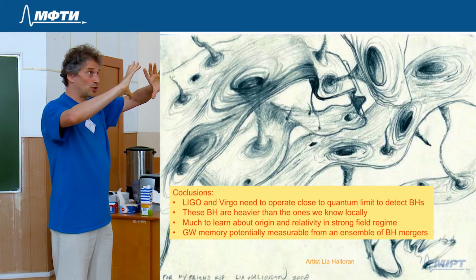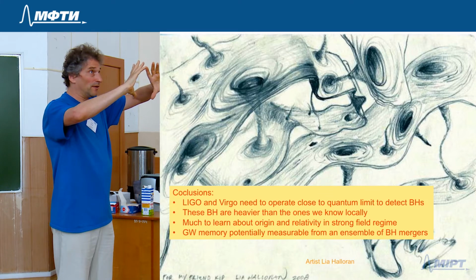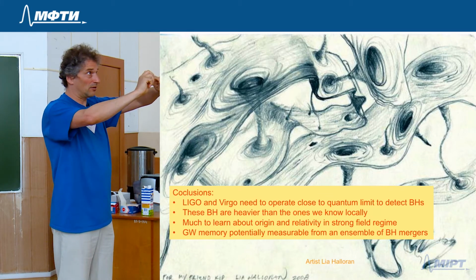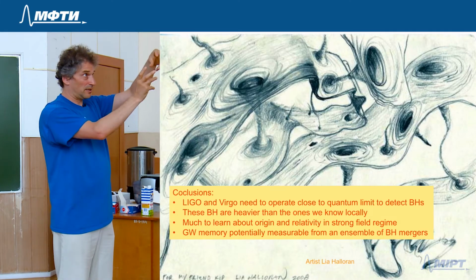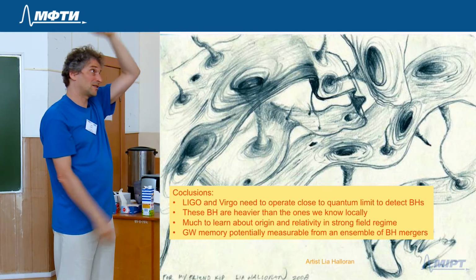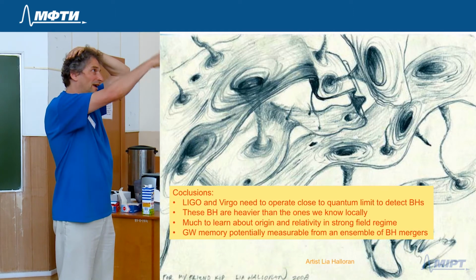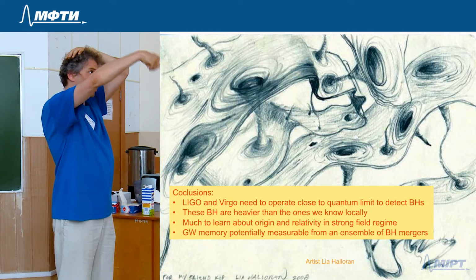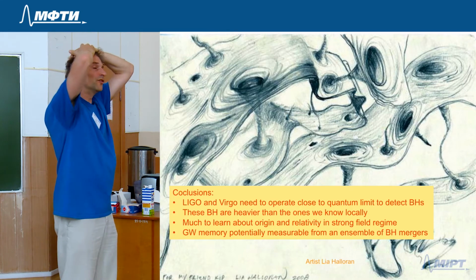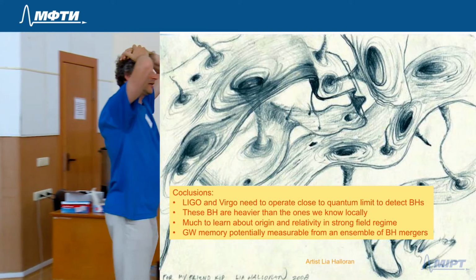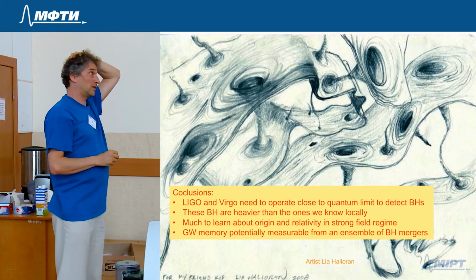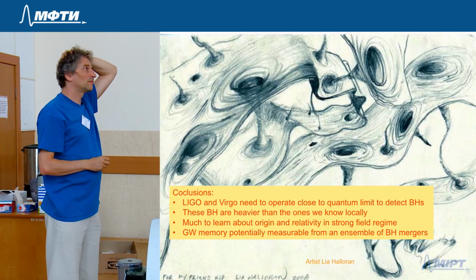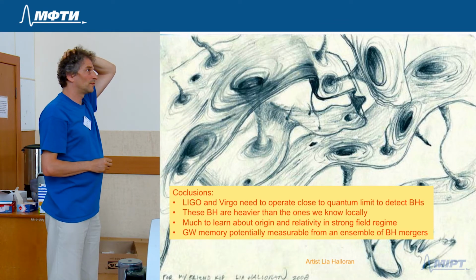Now, the distortion is such that it contracts along one of the axes and extends along the other axis. So the total area of that ring that I was showing on the slide is conserved. Okay, so if you have enough events, the memory effect should cancel out.